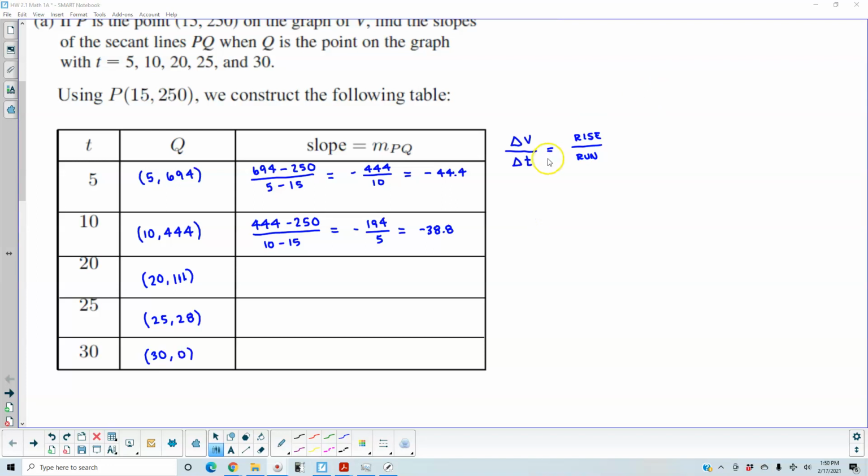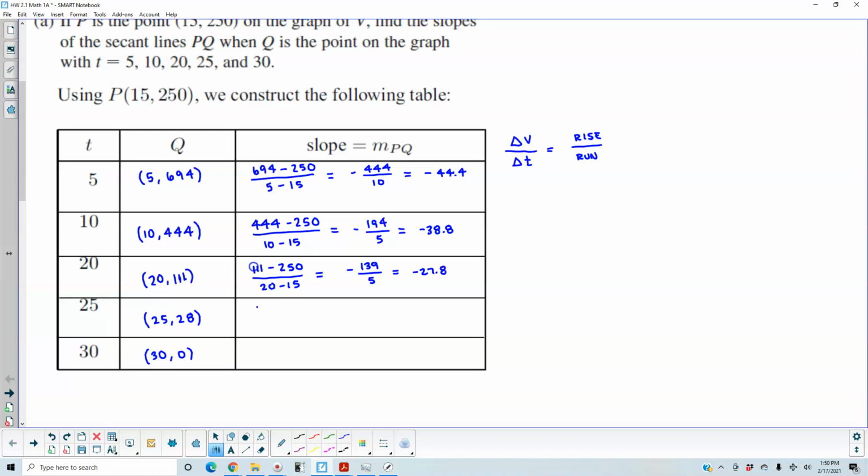Okay, now let's find the slope for (20, 111) and then (15, 250). So we're going to take 111, subtract 250, and then 20 minus 15, which gives us negative 139 over 5, which is equal to negative 27.8.